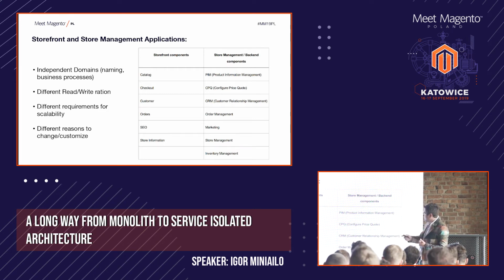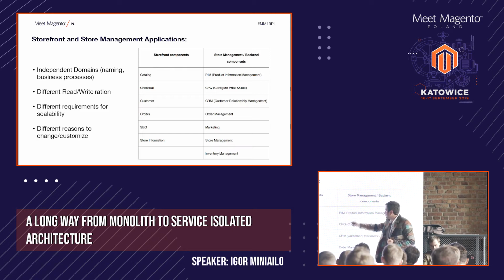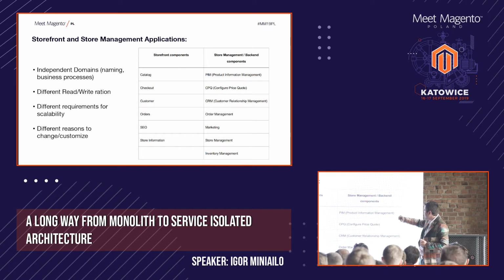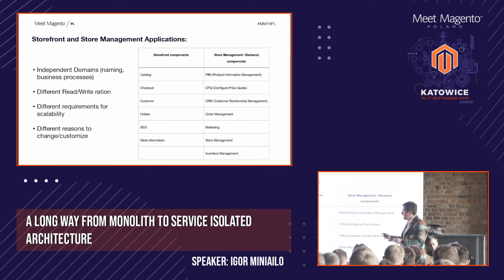For example, for catalog on the storefront, we have a counterpart which is a PIM system, which stands for Product Information Management. For checkout, we have a CPQ. For customer, we have CRM. For order, we have order management. These are typical systems, especially enterprise merchants usually have. And these systems are supposed to be easily replaceable: our out-of-the-box implementation is really simplistic and supposed to be easily replaceable with this external system.